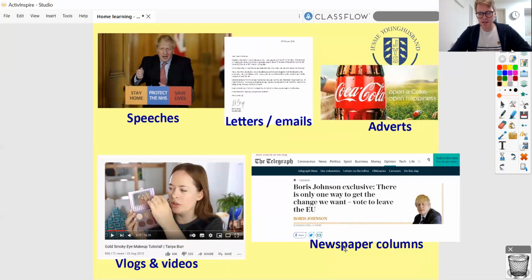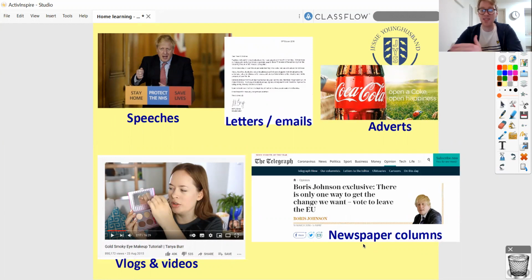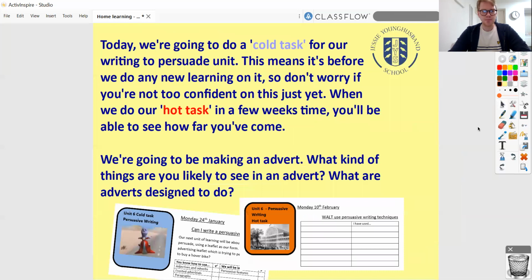He wrote a really significant and historic newspaper column in 2016, persuading people to vote to leave the European Union. And of course, they did. So a really significant newspaper column there, and that was a very persuasive one for lots of people in the country. Okay, so these are some of the forms of writing we might see persuasion used.